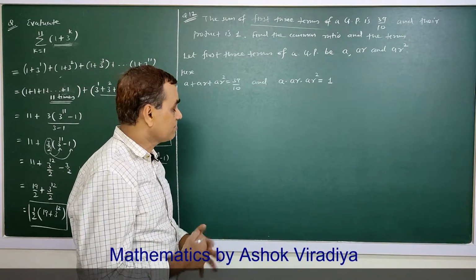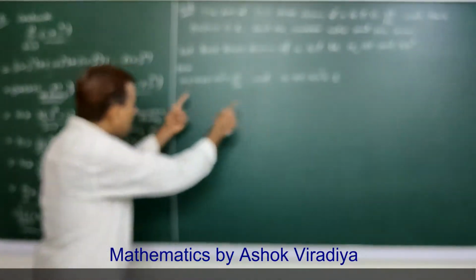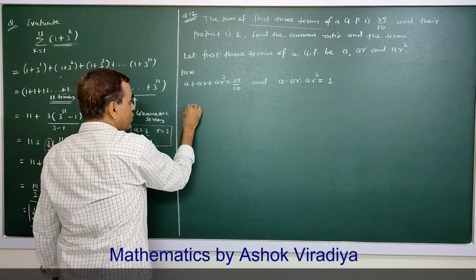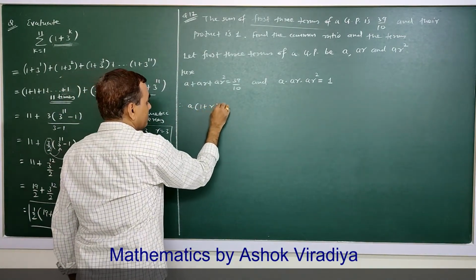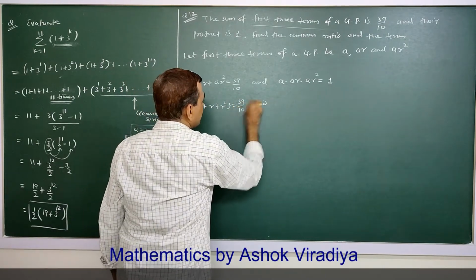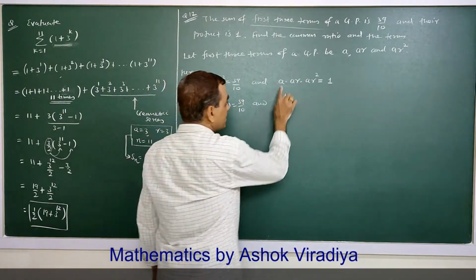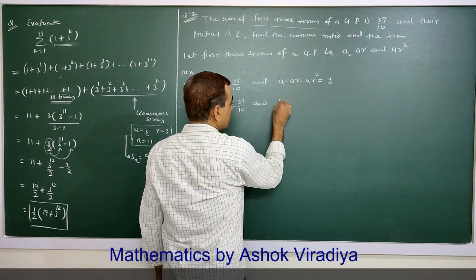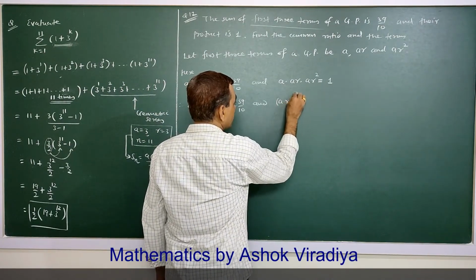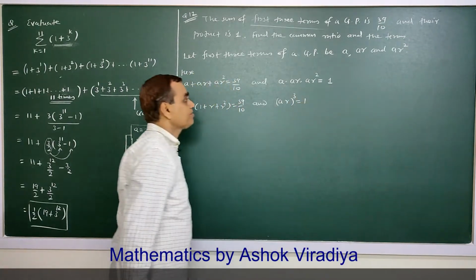That is the question. So we have to solve these equations. Taking A common, 1 plus R plus R square is 39 by 10. This is A cube into R cube, so AR raised to 3 is 1.